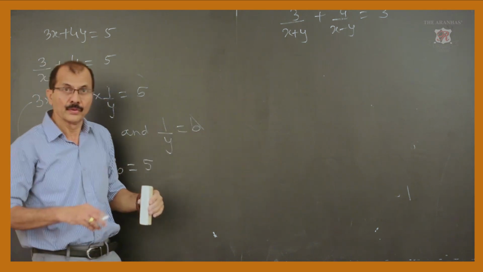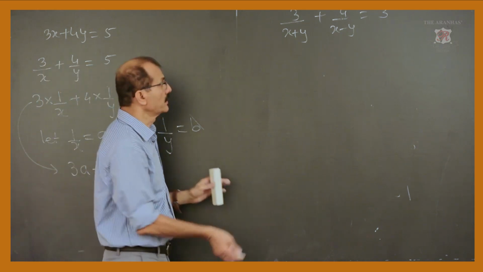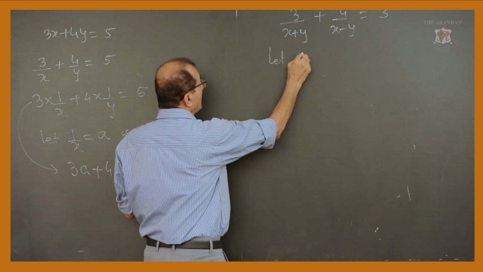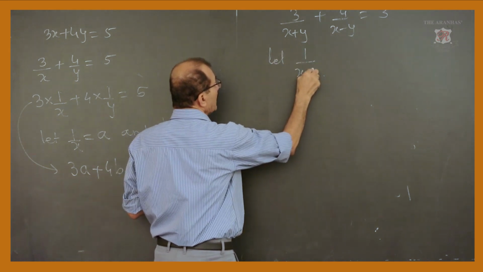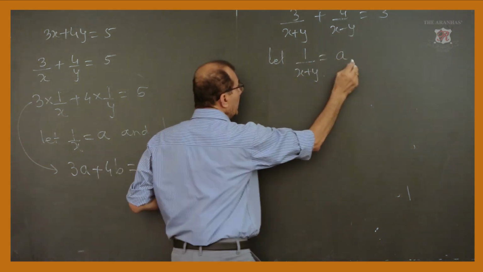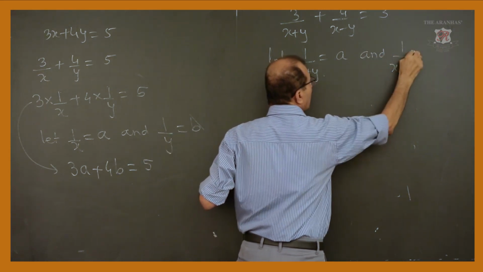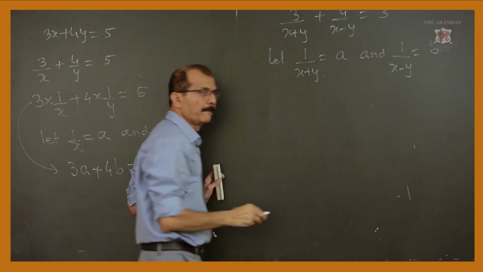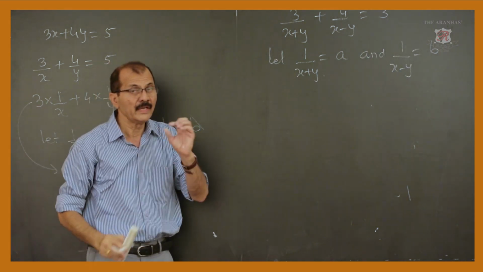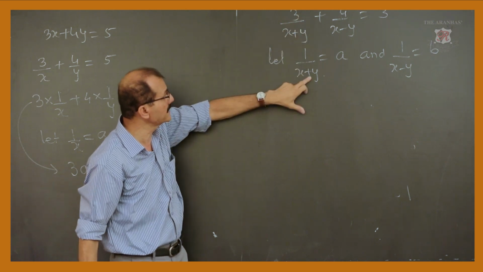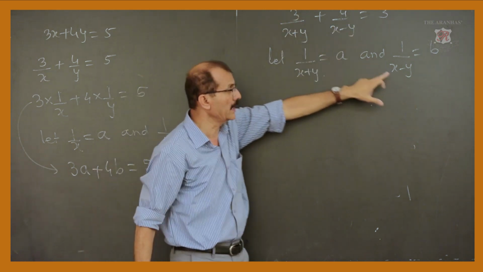Therefore, to reduce it to the linear equation, what we do is, we write this as, let 1 upon x plus y is equal to a and 1 upon x minus y is equal to b. So, I am only considering the variable 1 upon x plus y as a and 1 upon x minus y as b.